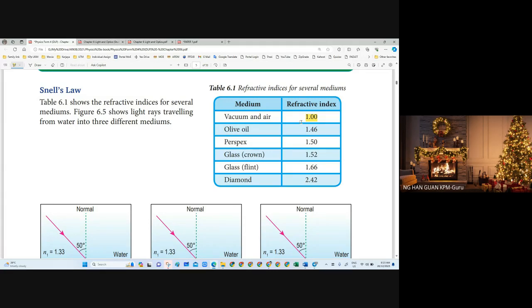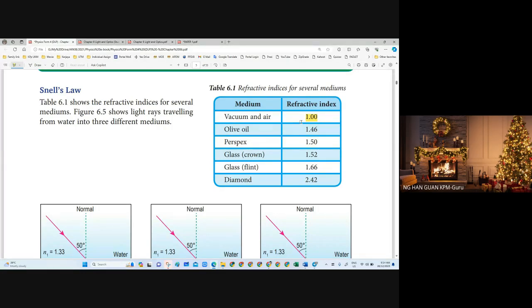From here, you should keep in mind that we never have the refractive index of a particular medium less than 1. The smallest refractive index is 1.00. Once you calculate a refractive index less than 1, it means the substitution of the formula is already wrong.